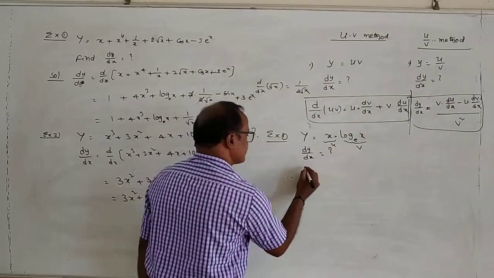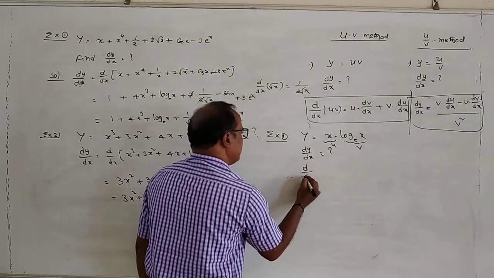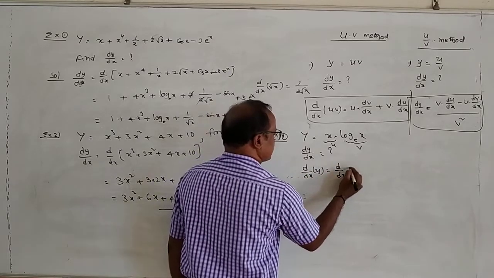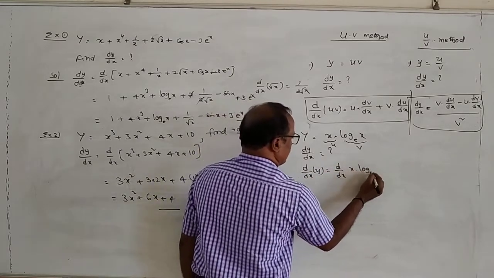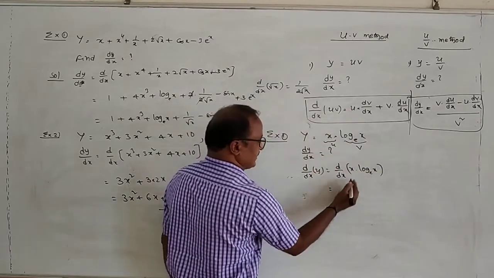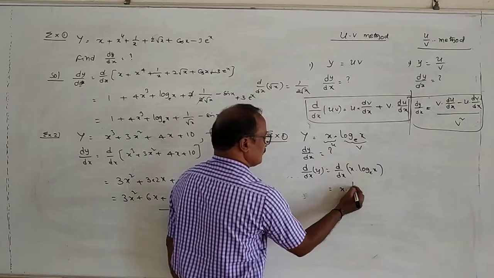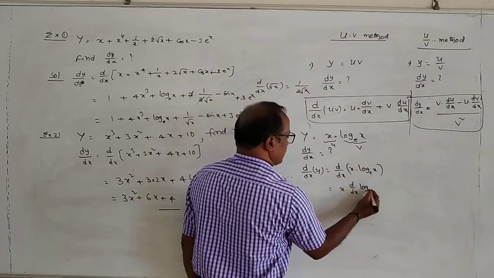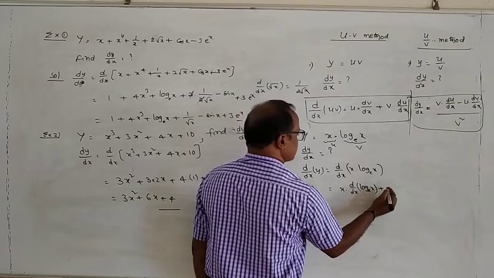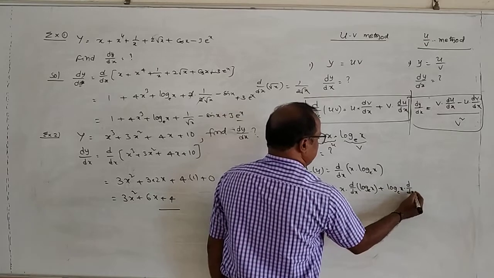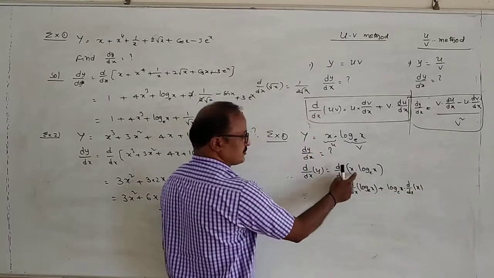Similar to this, d by dx of y, or d by dx of x into log x, is equal to the first term x into d by dx of v, v is equal to log x, plus the second term log x into d by dx of the first term x.